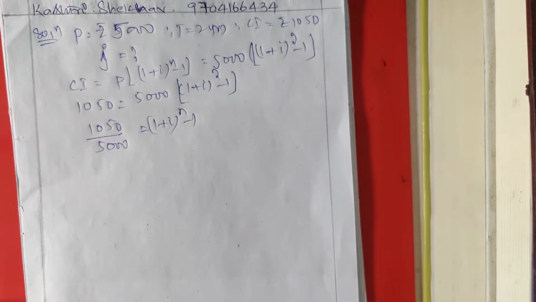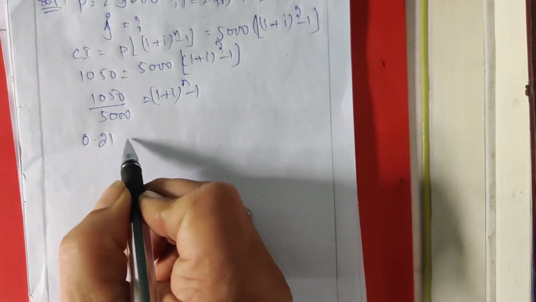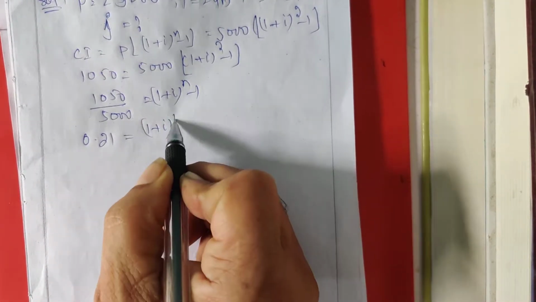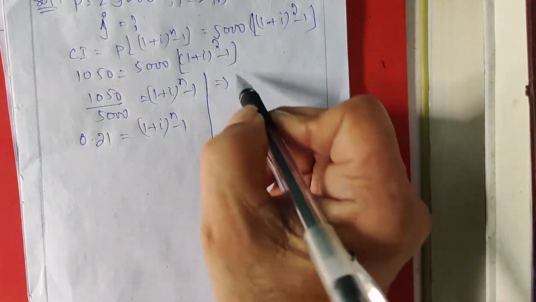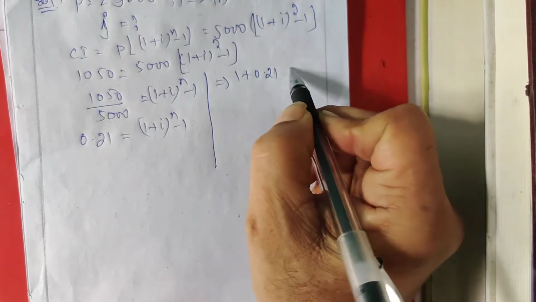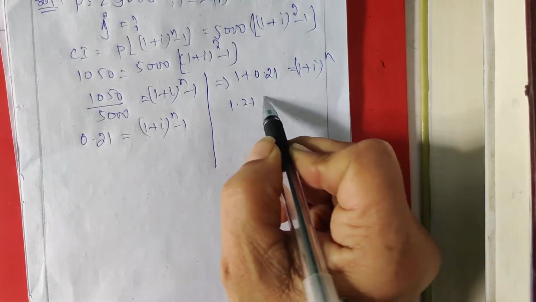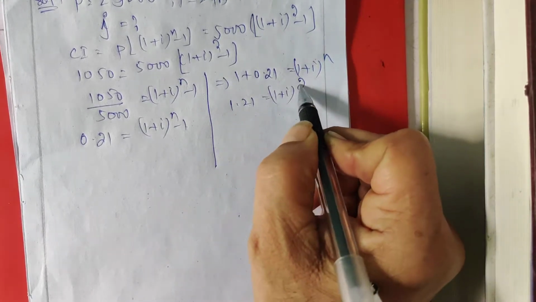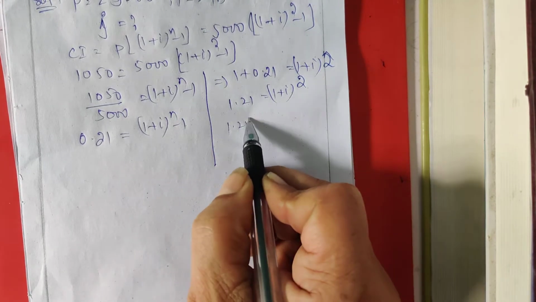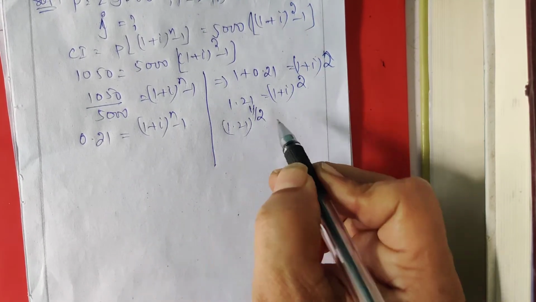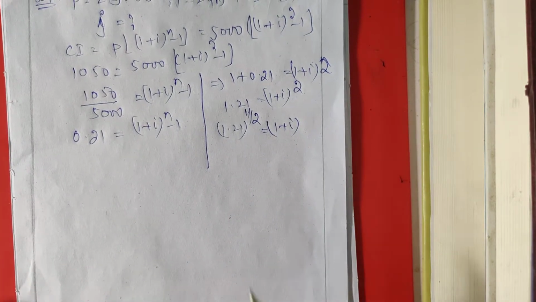It comes out to be 0.21. Take this minus sign to this side: 1 plus 0.21 is equal to (1 plus i) whole power n. 1.21 is (1 plus i) whole power 2. Bring 2 to this side: 1.21 whole to the power 1 by 2 is equal to 1 plus i. Let us take the square root for this.